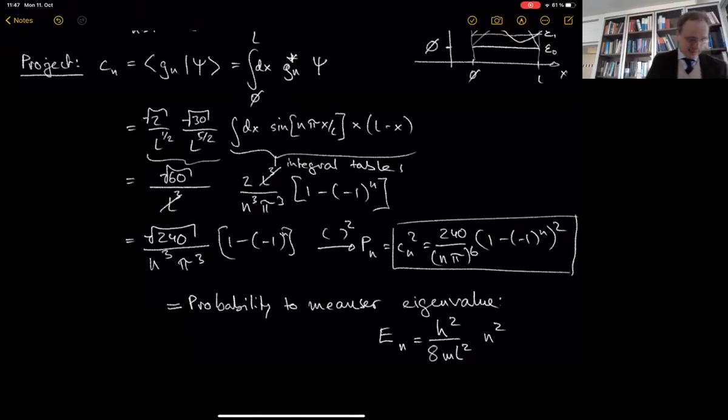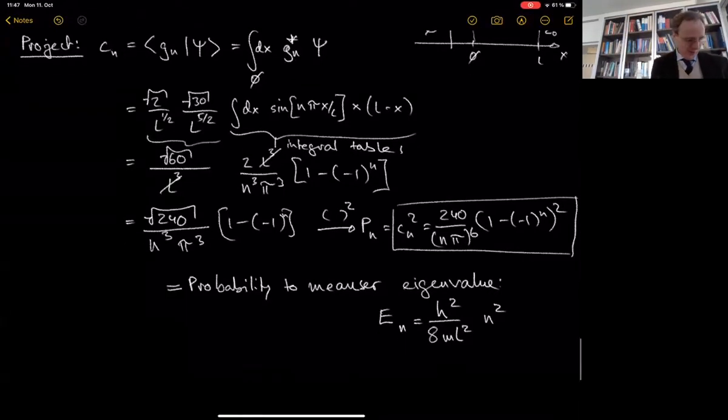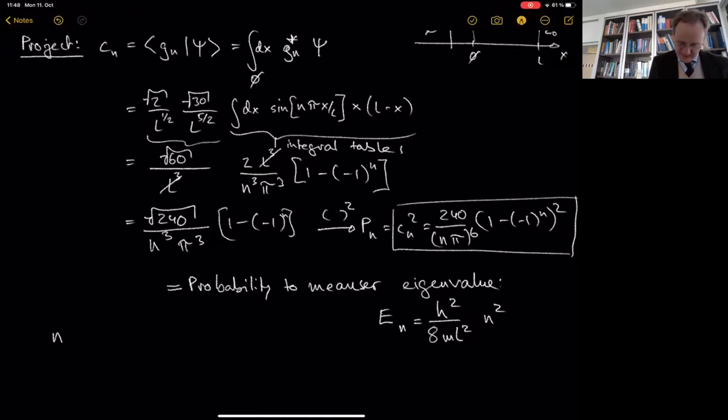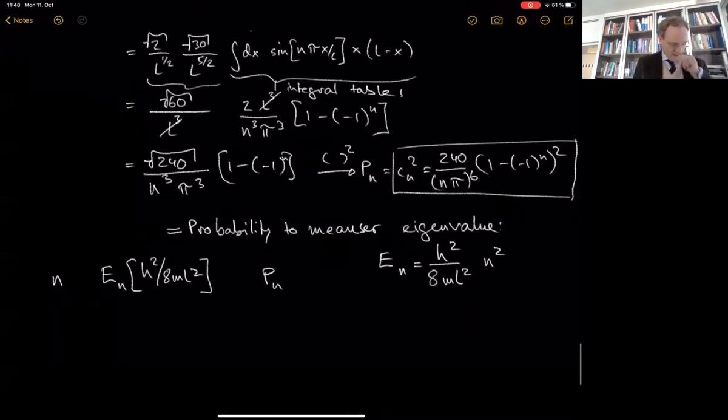And so we can easily show that, right? So let's put the level here, n, then we put the eigenvalue, En, in units of the prefactor, so we don't have to care about that. And then we put our probability. Okay, let's do this.